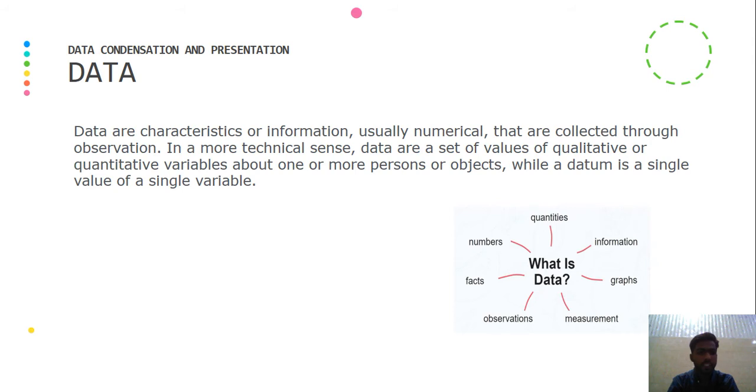Data. So what is data? Data are the characteristics or information, usually numerical, collected through observation. In a more technical sense, data are a set of values of qualitative or quantitative variables about one or more persons or objects, while a datum is a single value of a single variable.